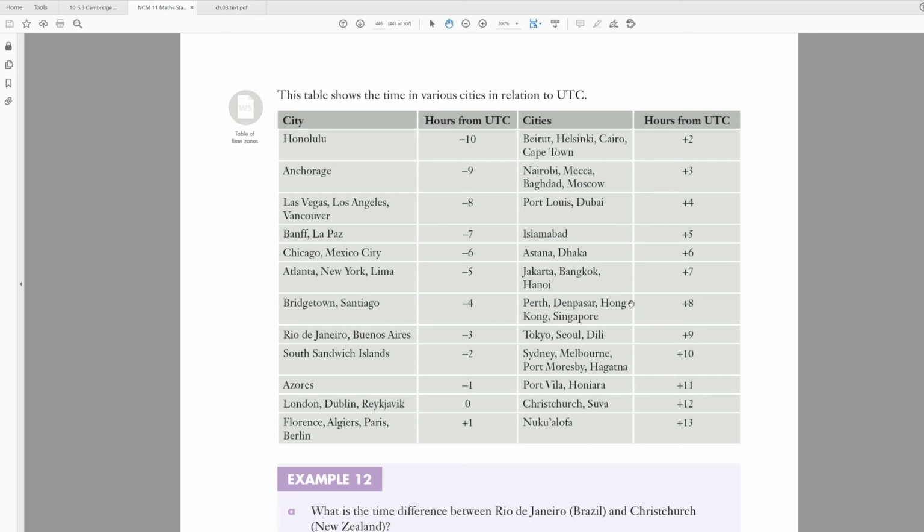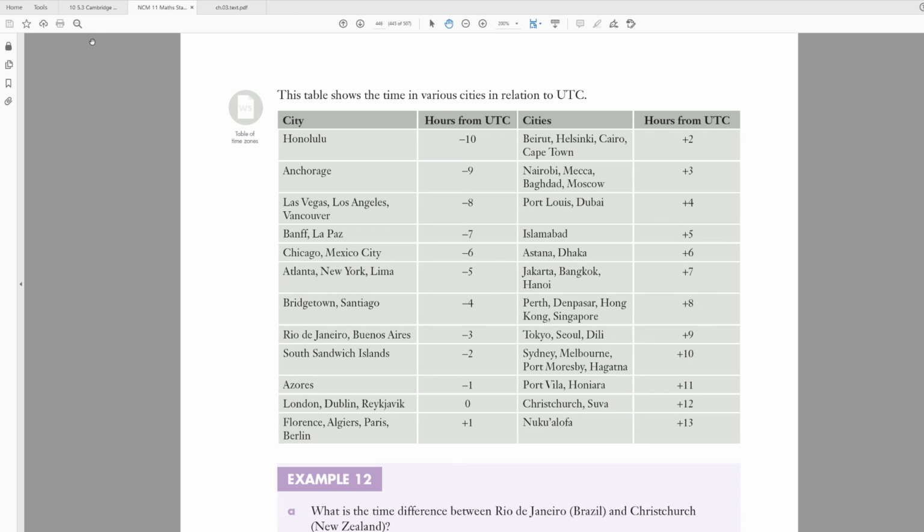So 8 plus 3, which doesn't make a lot of sense if you think about it, but it works, trust me. So -3 to 0 is 3 hours. 0 to 8 is 8 hours. So the total amount of hours is 11.